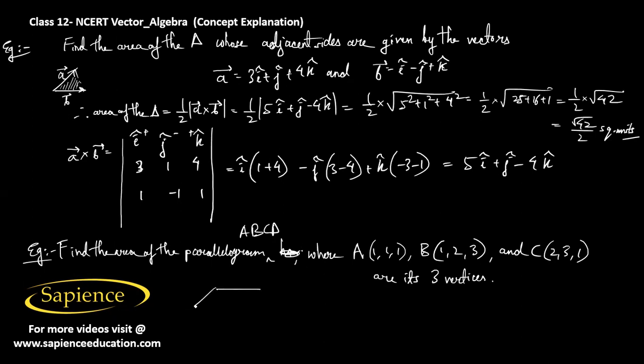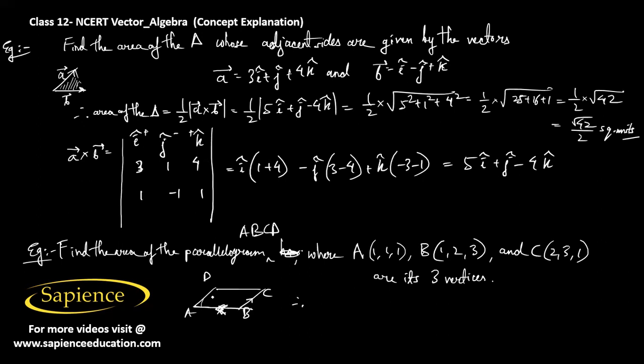So here, if we take this parallelogram ABCD, then we can find the area by taking the adjacent sides. So we can do BA cross BC.